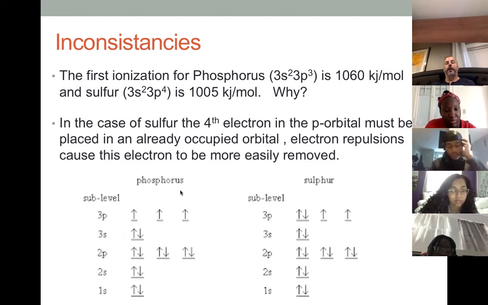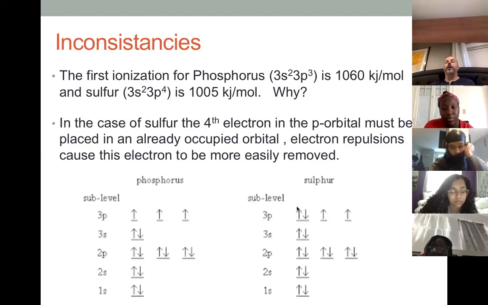3p, up, up, up. So looking at phosphorus and sulfur, the reason that sulfur has a slightly lower first ionization energy is because of that next electron. This is 15, up, up, up, and this is 16, up, up, up, and that next electron goes down.